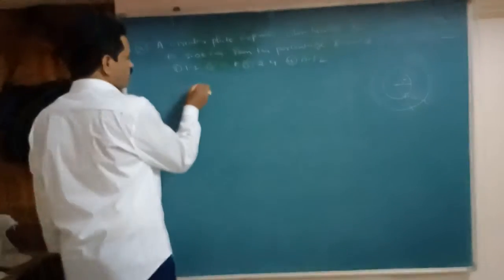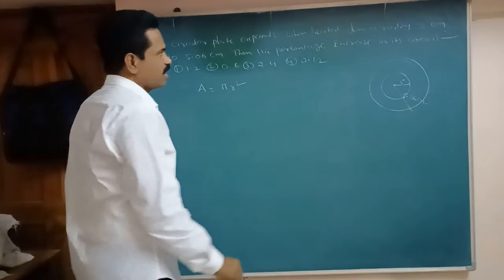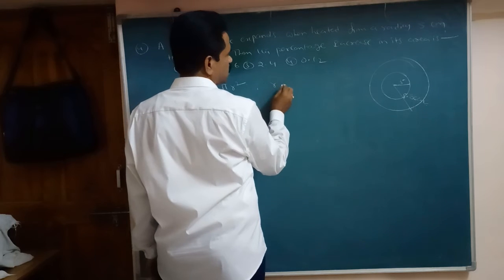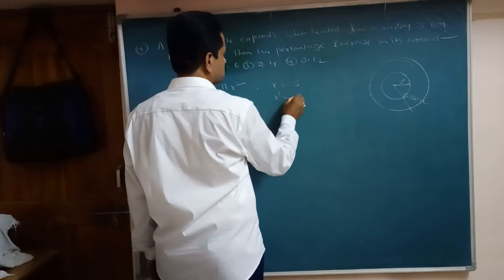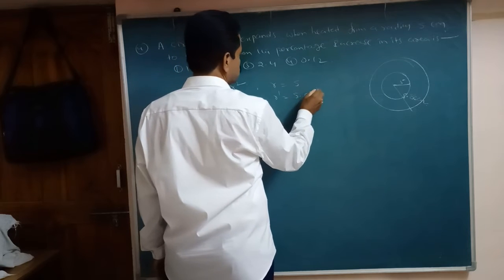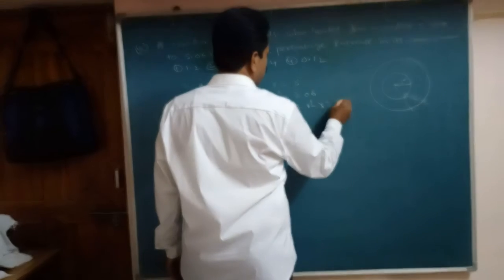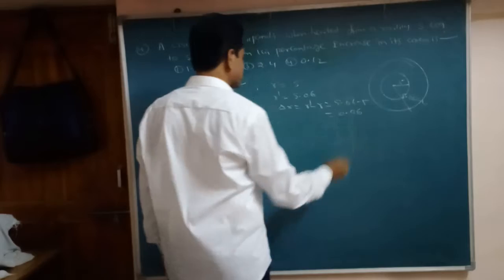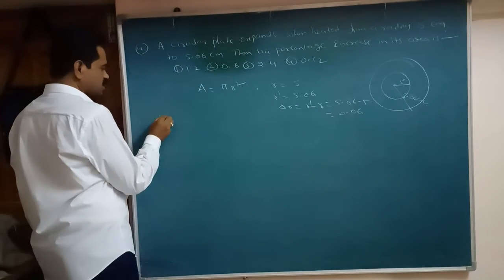So first decide a function: A equal to pi r square. Suppose r equal to 5, then r dash equal to 5.06, then delta r equal to r dash minus r, 5.06 minus 5, which is nothing but 0.06. So percentage increase.